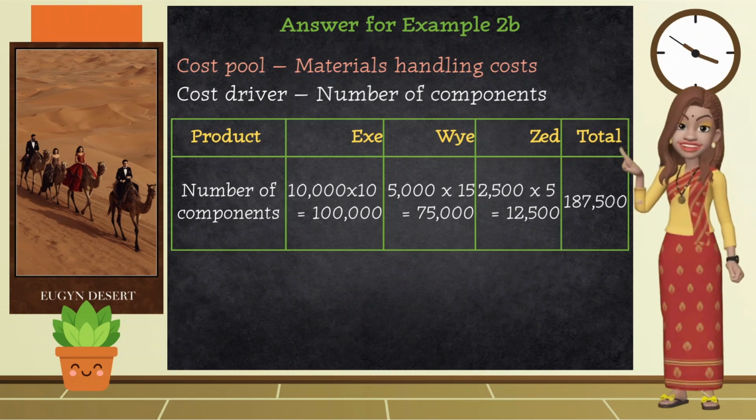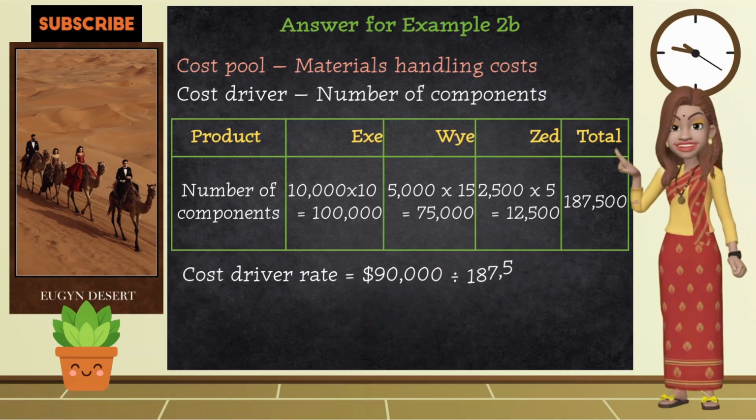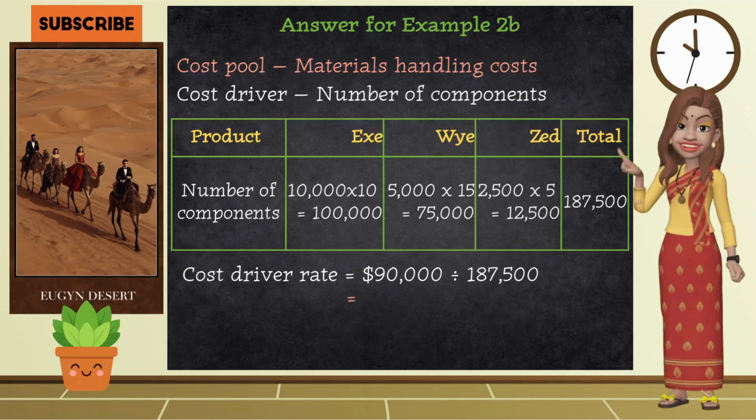Similarly, we'll end up with 75,000 components for Y and 12,500 components for Z. Overall, we have 187,500 components. To get the cost driver rate, we take the materials handling cost, $90,000 divided by 187,500 components, giving us $0.48 per component.